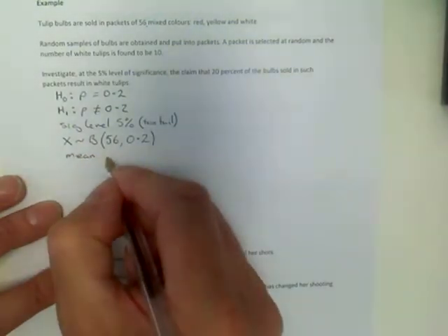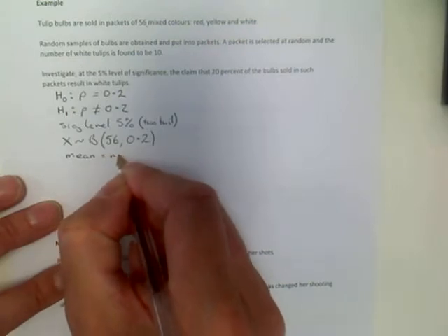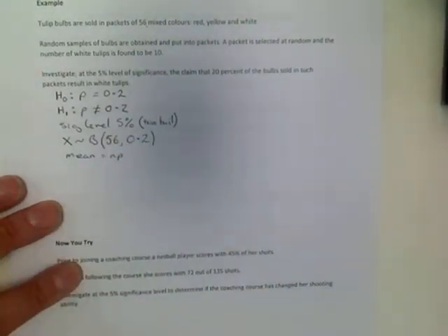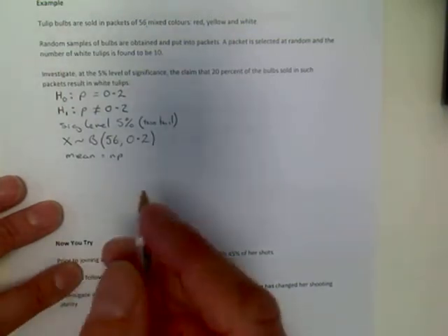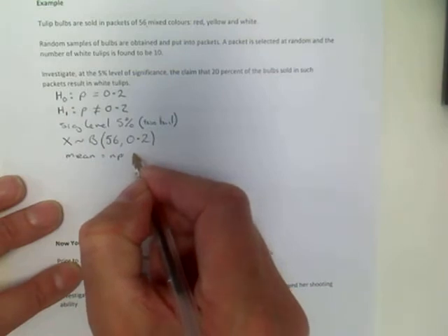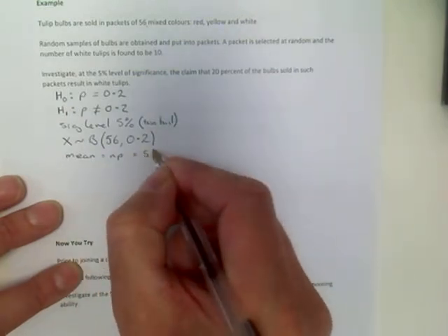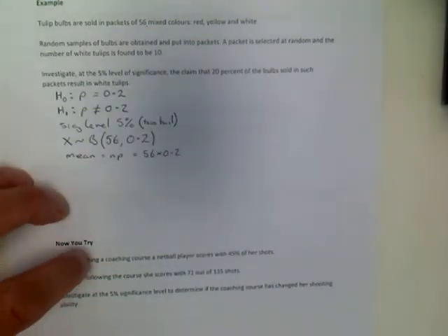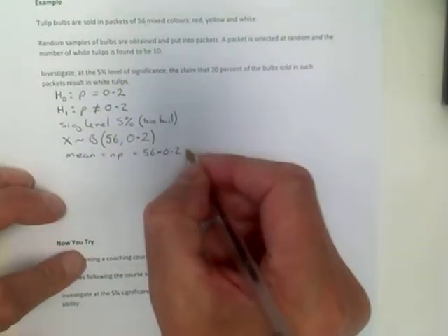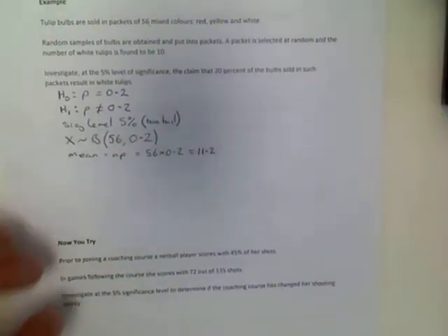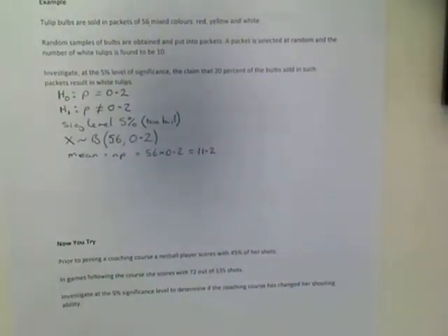If I've got 56 bulbs, and there is a 20% chance of each one being a white tulip, then we would expect 56 times 0.2 to be white tulips, which comes out at 11.2. So that is what I call my mean. That is the expected value.